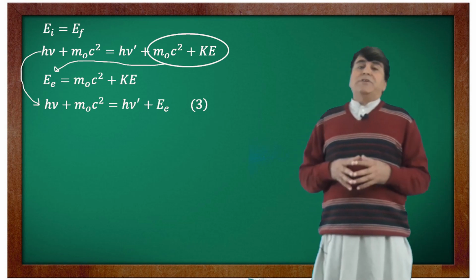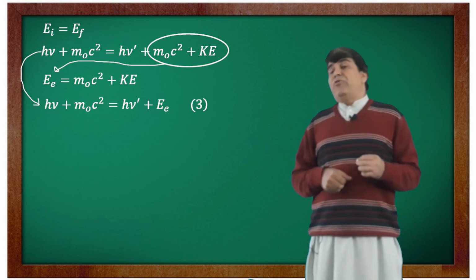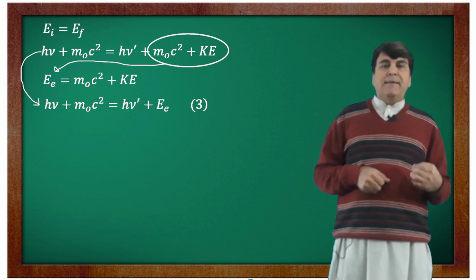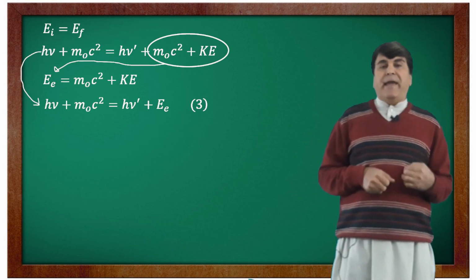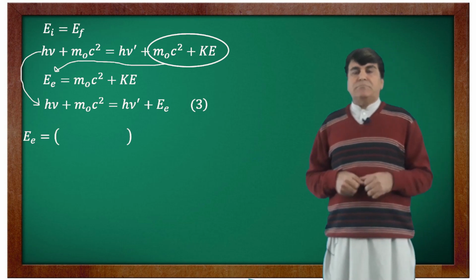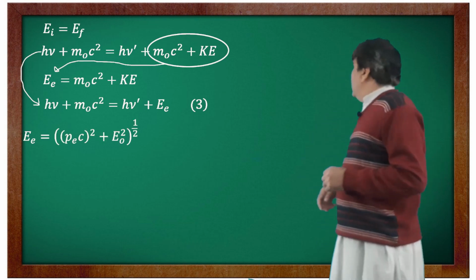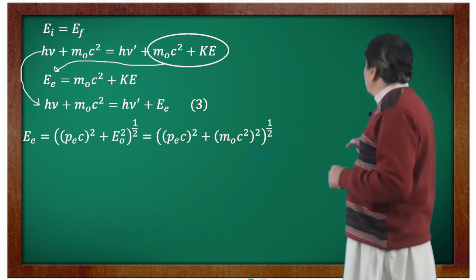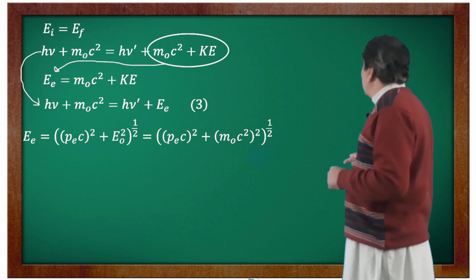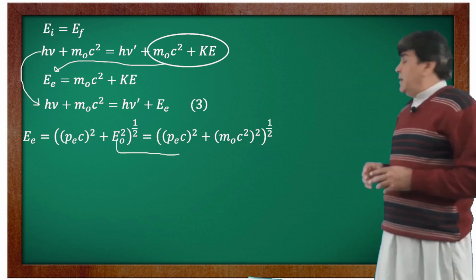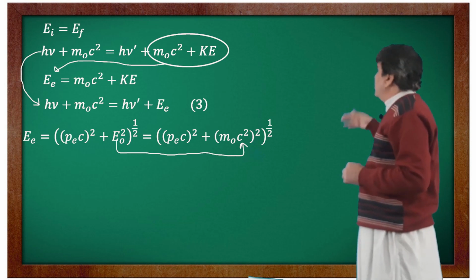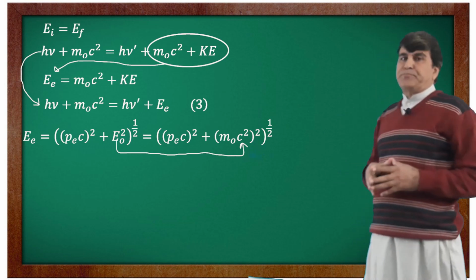Now, according to equation 2, the relativistic energy of electron in terms of momentum P sub E can be expressed as E sub E equals the square root of (P sub E times c) whole square plus E naught square. This would be equal to the square root of (P E c) whole square plus (m naught c square) whole square.